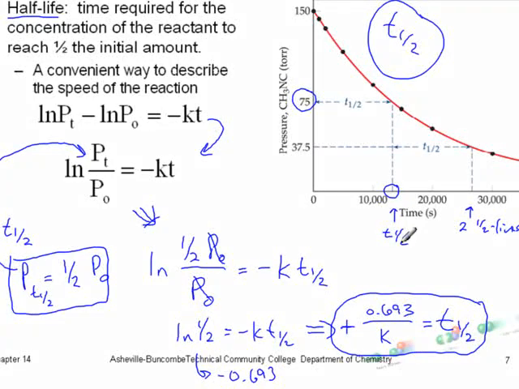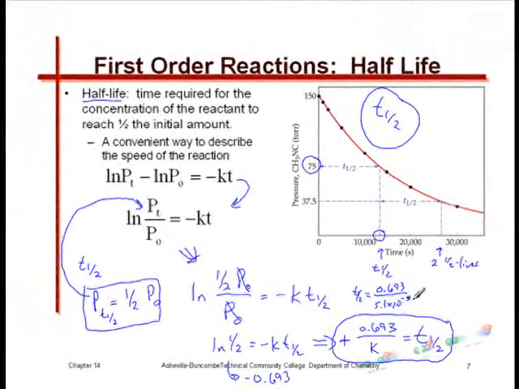And so if I just plug in the values from the results earlier, remember that rate constant, it was the slope that we determined, 10 to the minus 5 inverse seconds. What I get here is 1.4 times 10 to the plus 4 seconds.